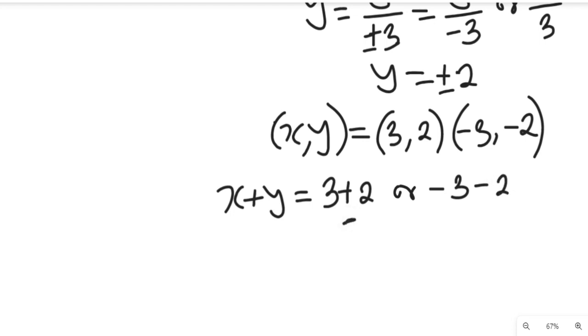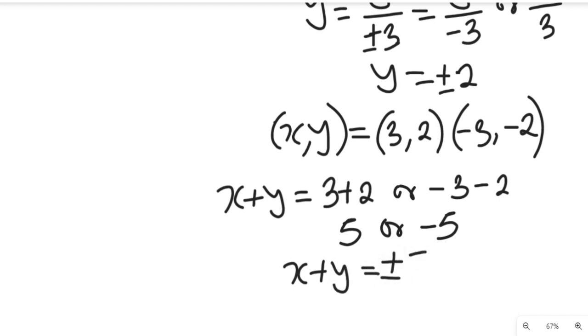So this will give us 5 or -5. So the value for x plus y is equal to plus or minus 5. Those are the two values we'll have. This is the first method we'll use in solving this question.